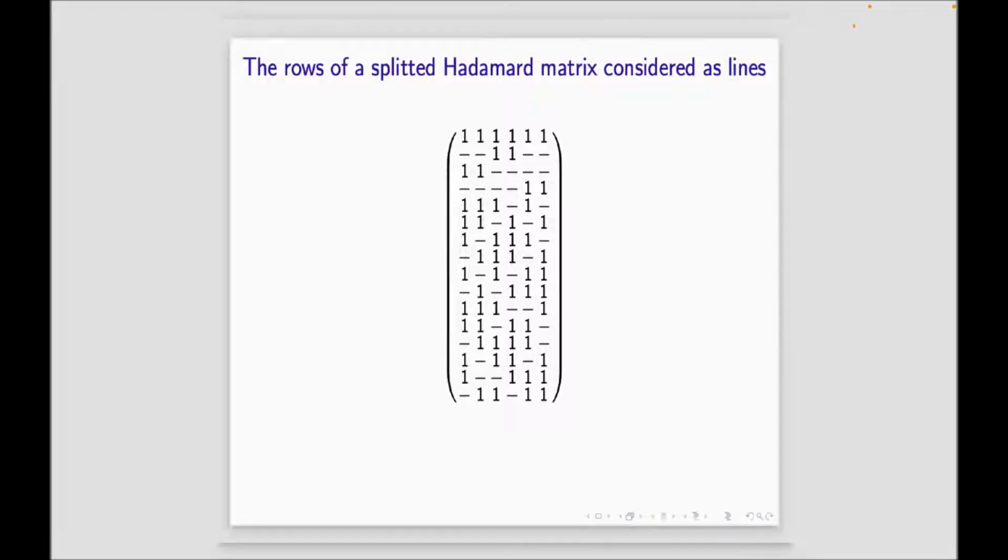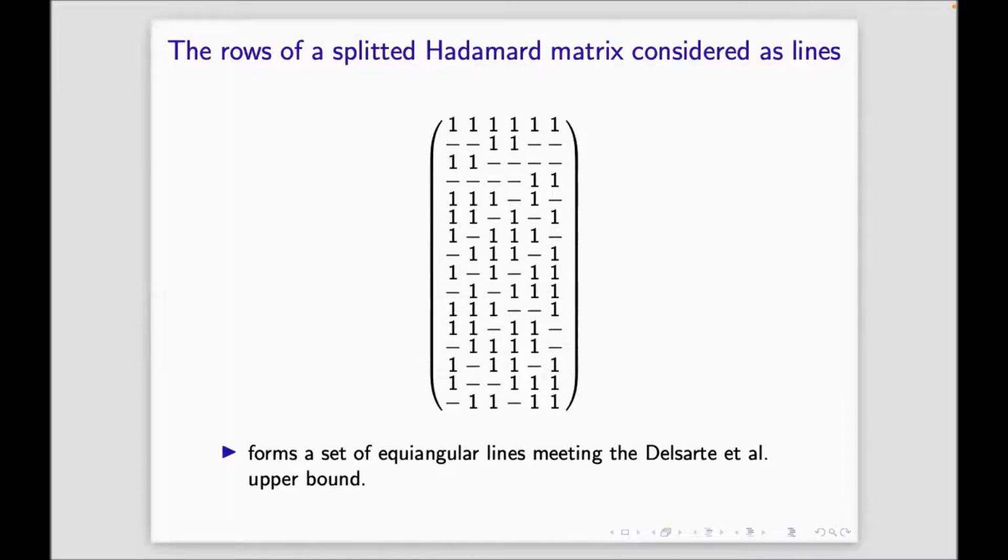And these lines form a set of equiangular lines that meet the Delsarte et al. upper bound, so you cannot add any more if you want to preserve the property. So this is one reason why we are interested in splitting Hadamard matrices. Quickly, you can get a nice set of lines.